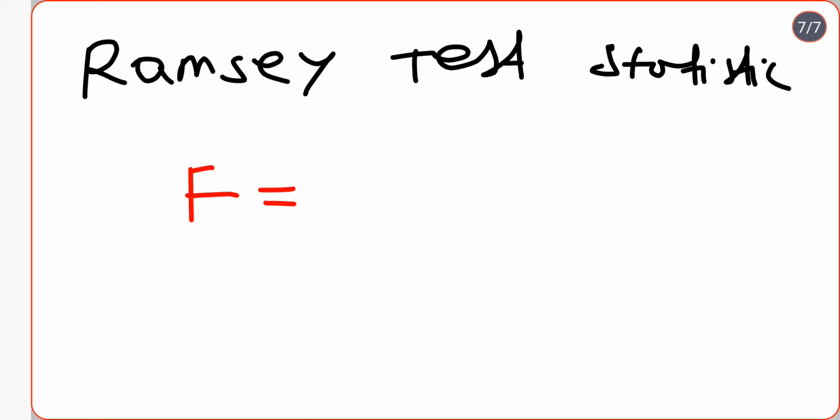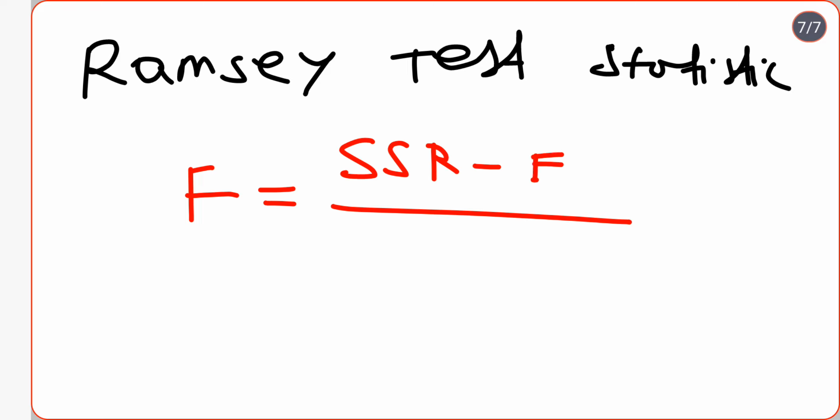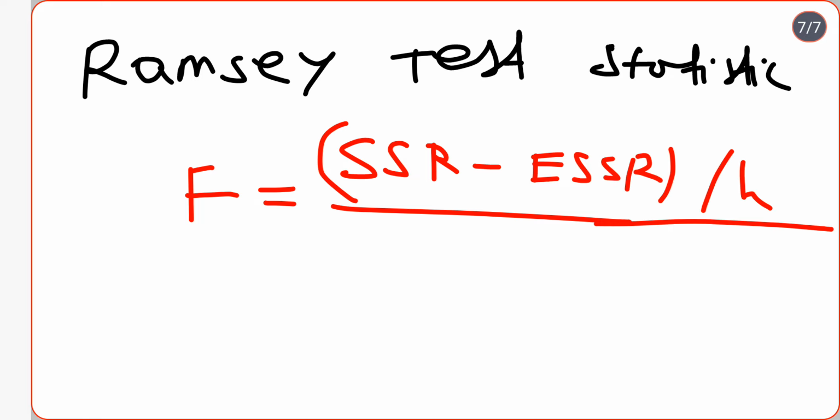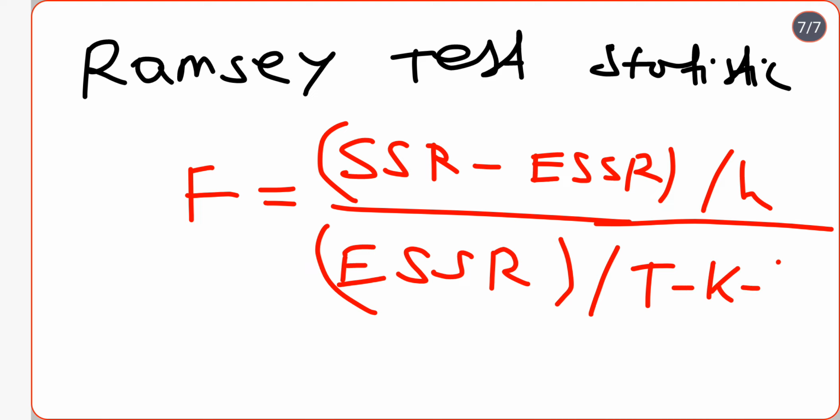F equals (SSR minus ESSR) divided by H, over ESSR divided by T minus K minus H. Here SSR is the sum of squared residuals, and ESSR is the sum of squared residuals from the OLS estimation of the extended regression model.